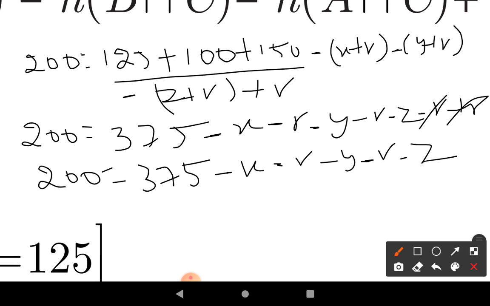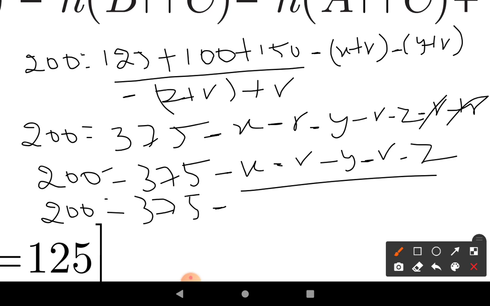Now after that, what we do, 200 is equal to 375, so take everything within the bracket, so minus. Okay, so what happens, everything becomes plus. So x plus y plus z plus this r and another r, because we have two r's, right?